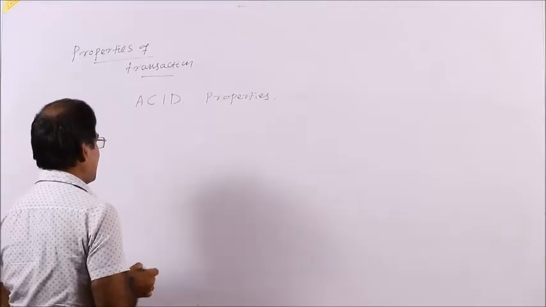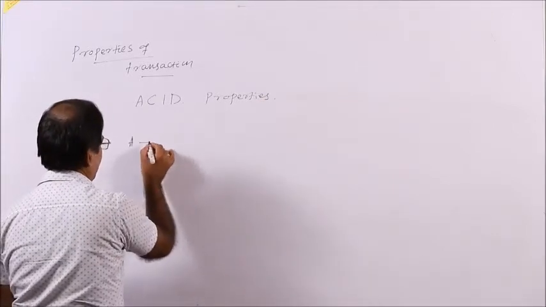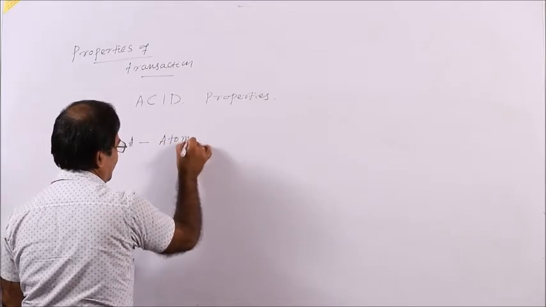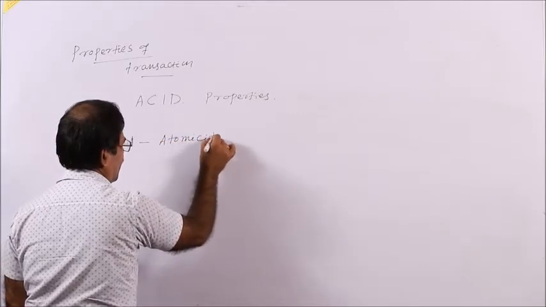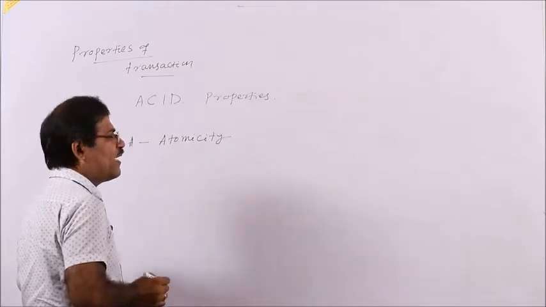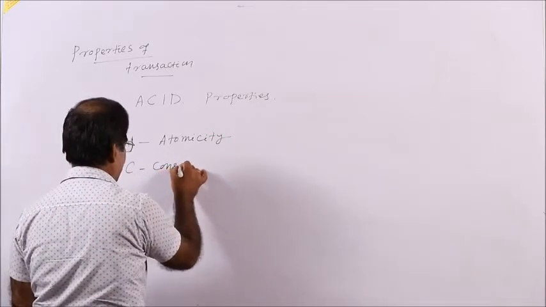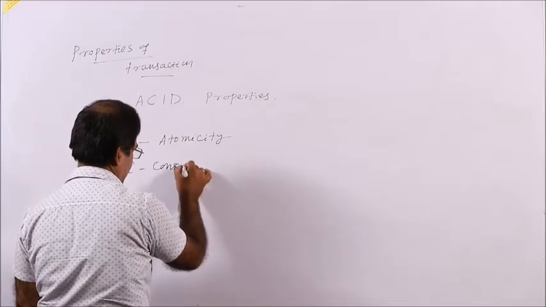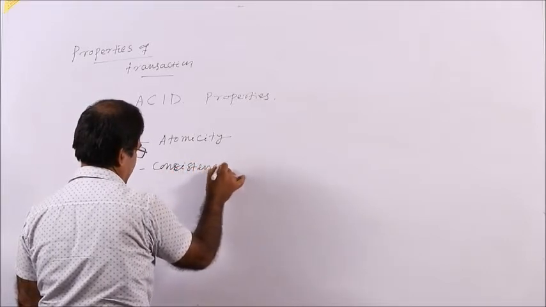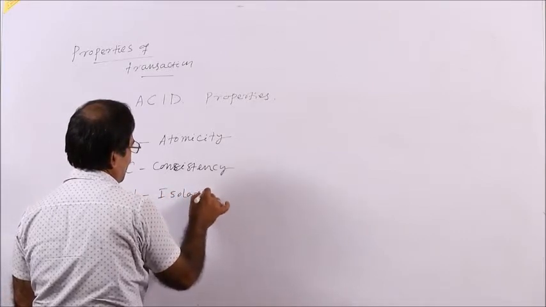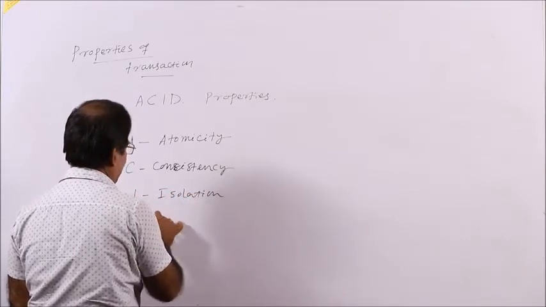What is ACID? A for atomicity, C for consistency, I for isolation, and D for durability.